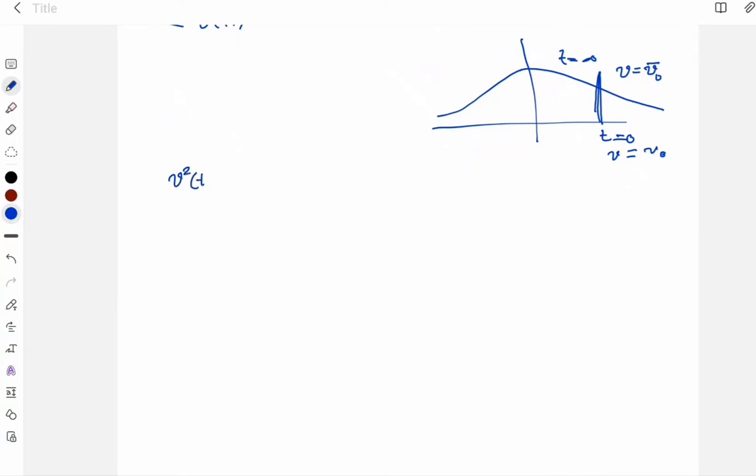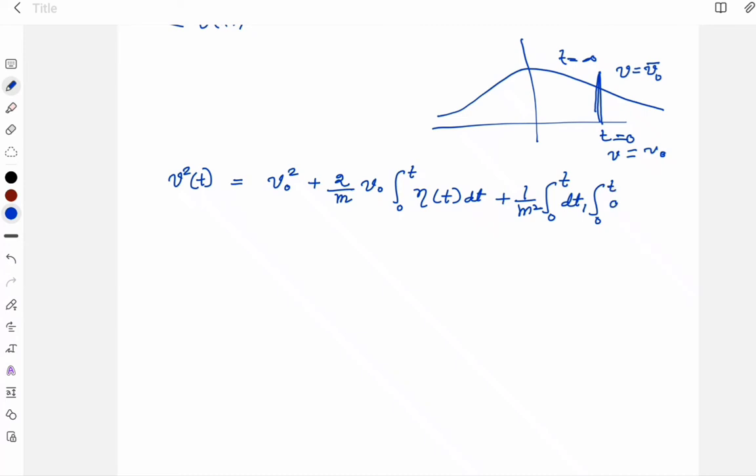Now let us calculate the mean square velocity. So v square of t will be v0 square plus 2 by m v0 times the integral from 0 to t of eta(t) dt, plus 1 over m square times the double integral over t1 and t2 from 0 to t of eta at t1 times eta at t2.